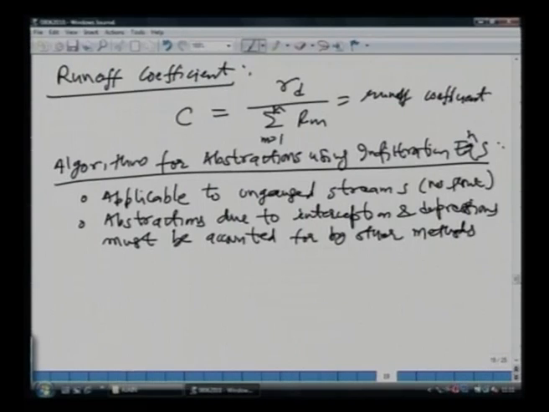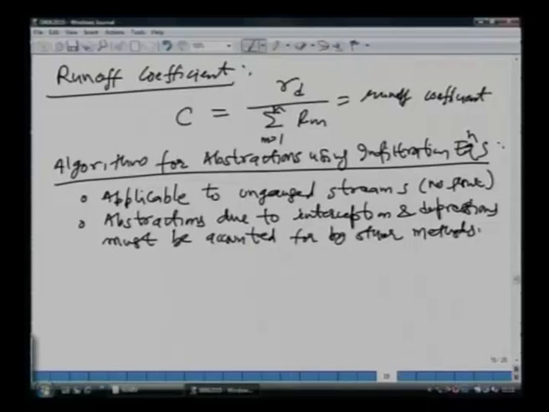So, the algorithm which we are going to develop will not actually look at the initial abstraction. If we can estimate it, it can be incorporated in this method, but as far as this algorithm is concerned, we will not account for that.